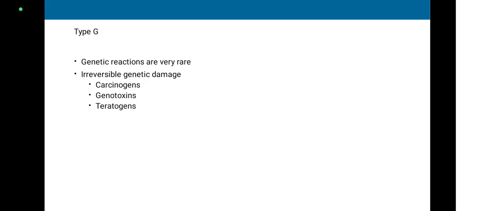And teratogens are drugs which can cause abnormality or some kind of mutation or changes in babies, the fetus, when the drug is administered to pregnant mothers. So those drugs which cause toxicity to the fetus are called teratogens. Carcinogen and genotoxin examples are mostly anti-cancer drugs. Alkylating agents are examples of carcinogens and genotoxins. Teratogen example: isotretinoin.